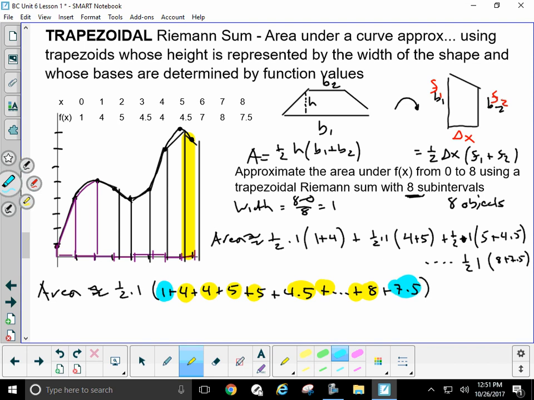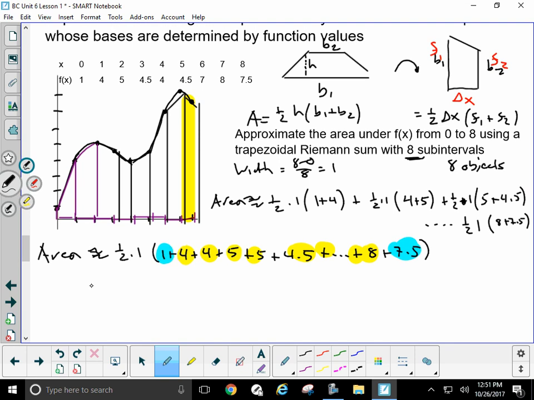We can use that to our advantage. If our widths are consistent, I could actually write this area as 1/2 my consistent widths, first plus my last, plus double all of my middle heights, which I actually can write out. Not too much trouble. 4, 5, 4.5, 4, 4.5, 7, 8.